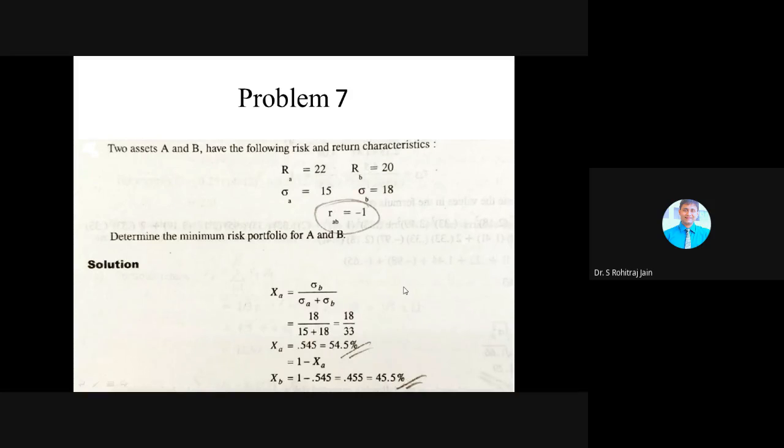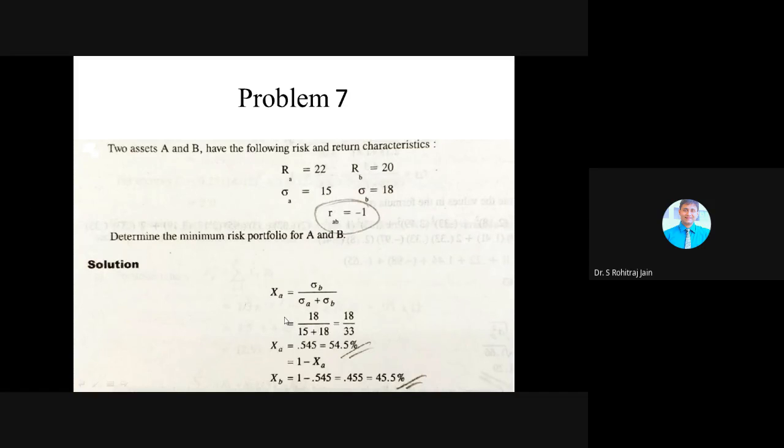Now, what things have I explained to you, students? They'll give me two assets. They'll give me the return of security A, return of security B, standard deviation of A and standard deviation of B. They'll give me the correlation coefficient, that is -1. That means these two stocks are negatively correlated, right? So they have asked me to calculate the minimum risk portfolio for A and B. So how do I calculate it?